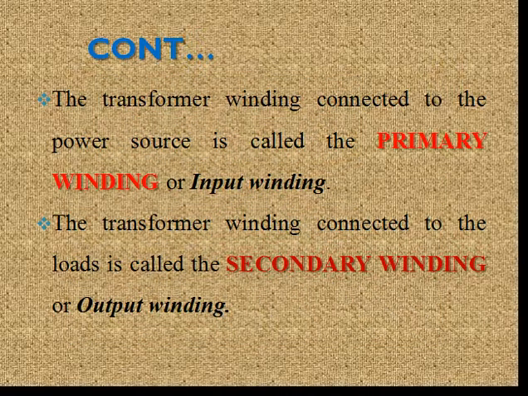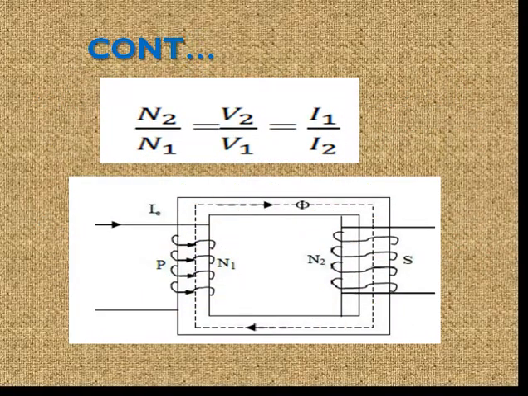The transformer winding connected to the power source is called the primary winding. That is, P stands for the primary winding, which is the supply or input winding. S stands for the secondary winding, which is called the output winding.